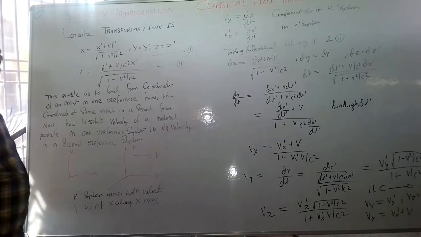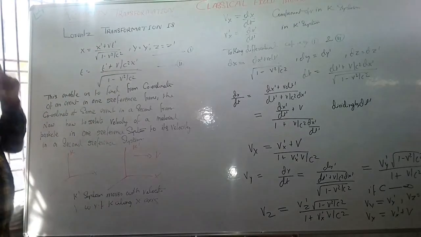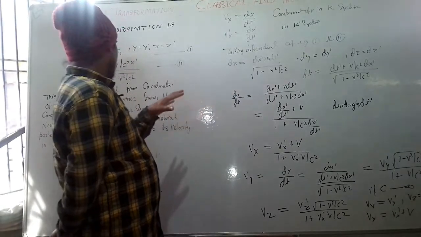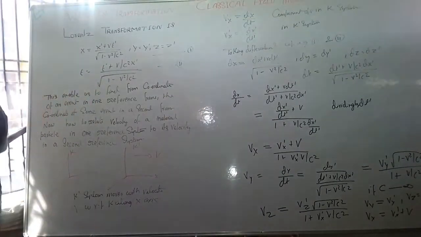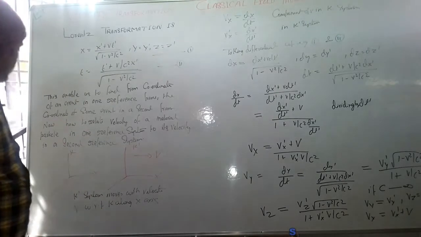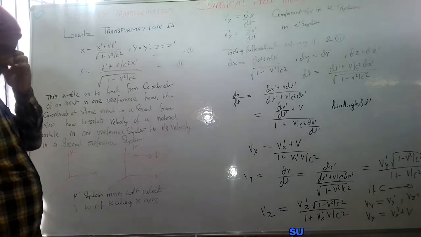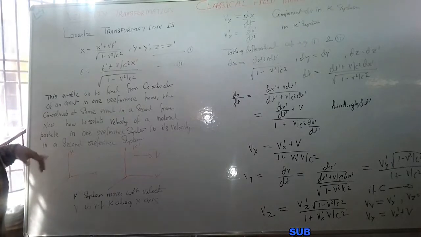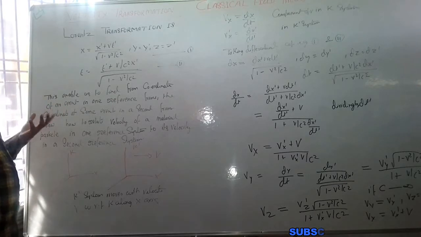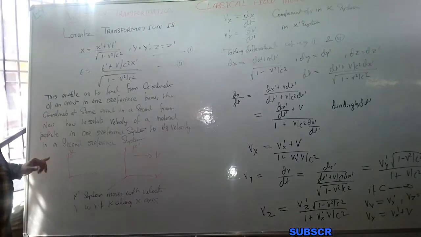Now we can use this Lorentz transformation to relate the velocity of a material particle in one reference frame to the velocity of the same material particle viewed from another reference frame. So how do we transform the velocity? Suppose there is a reference frame K which is at rest with respect to the Earth.